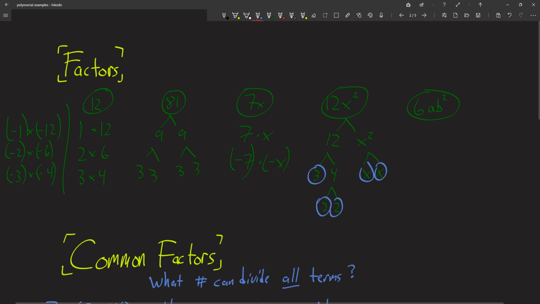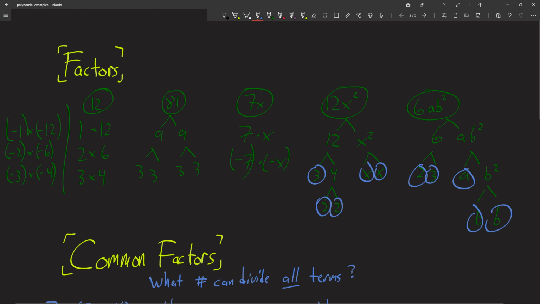For something like 6ab squared, I could say that this is 6 times ab squared. 6 I could say is 2 times 3. ab squared is a times b squared, and b squared is just made out of b's. So my factors here, I could say 2 times 3 times a times b times b, that's the prime factors.